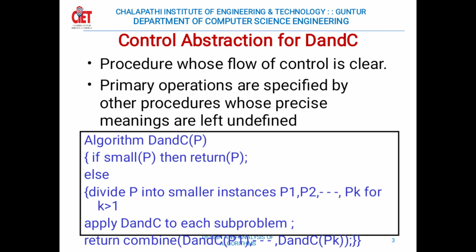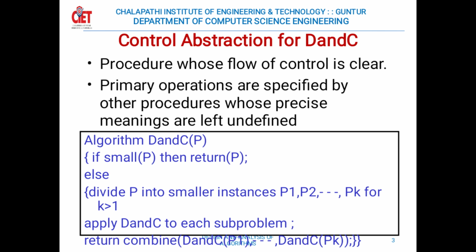Else, that means otherwise, the problem is not a small problem, it is a large one, it is complex to solve. Then we divide the problem into smaller instances, P1, P2 up to Pk. That means the problem P divides into k subproblems and we apply divide and conquer on each subproblem if they are also large or complex to solve.